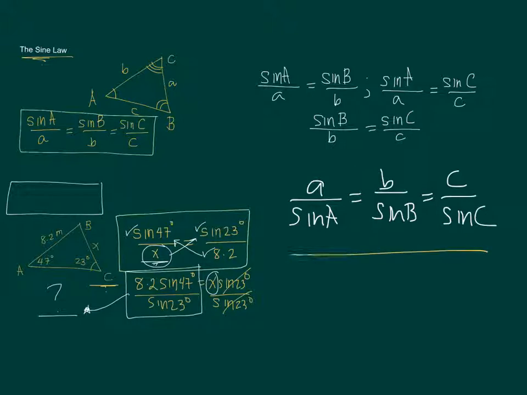Actually, this setup can also be used whenever you use a sine law. So you can invert the fractions, but make sure all the fractions are inverted. So all the sides go up and all the sines of the angles go down.